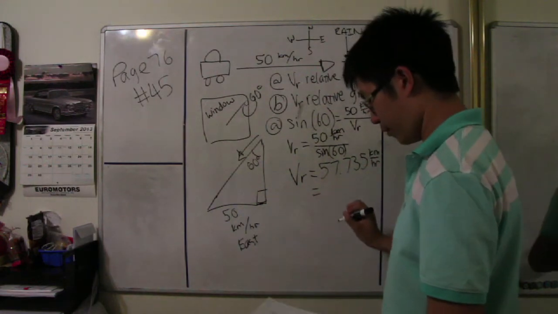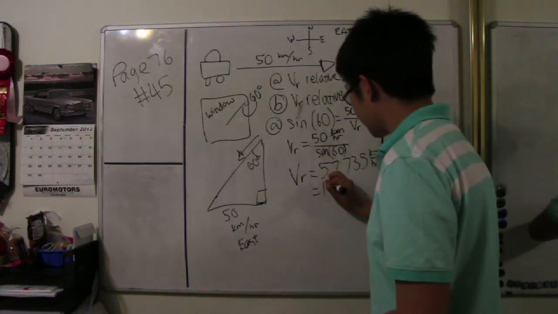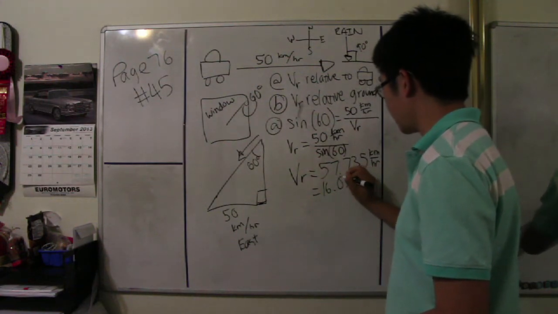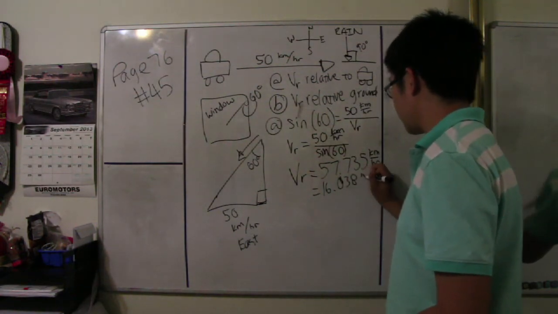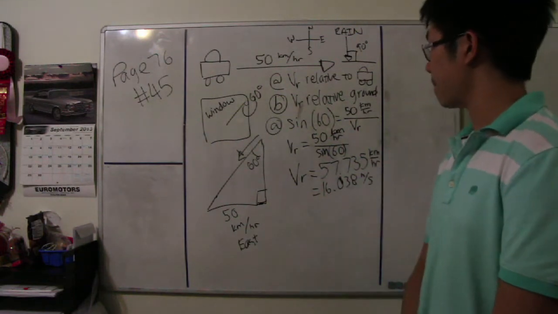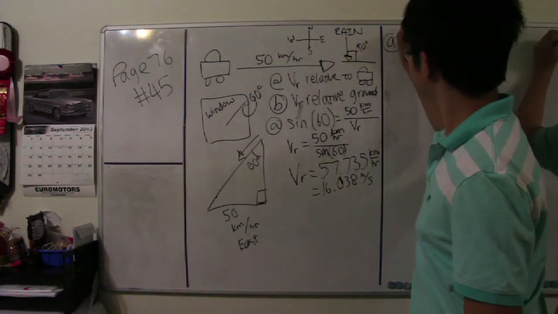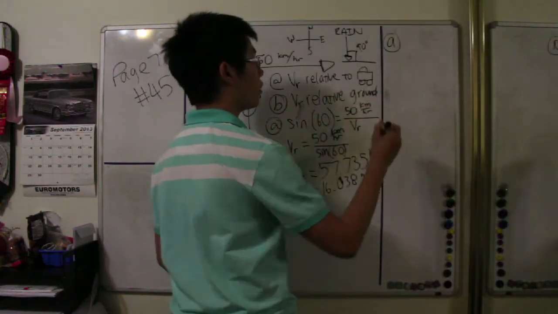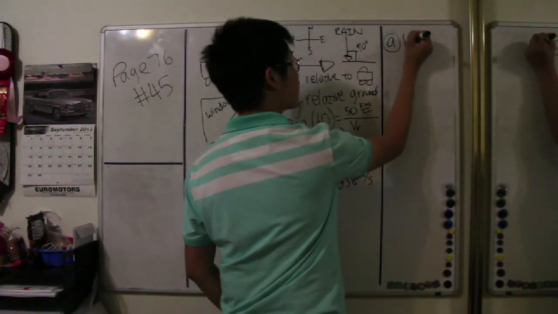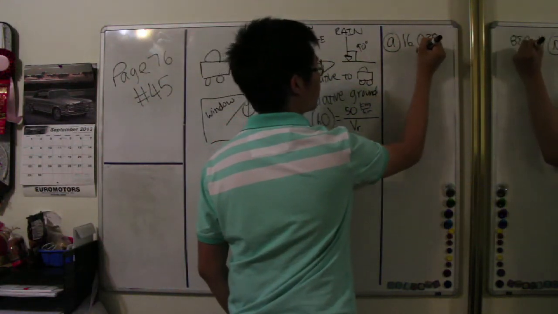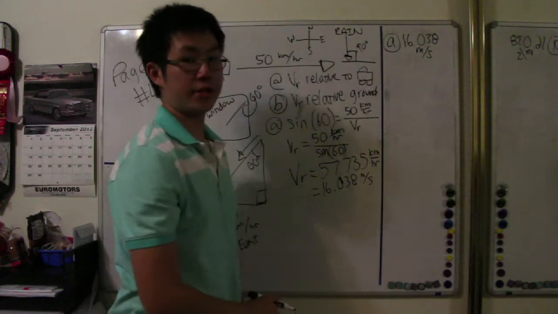And we'll get a value of 16.038 meters per second. So for A, we have the value 16.038 meters per second.